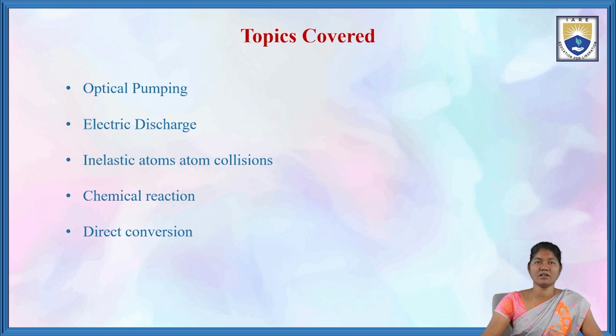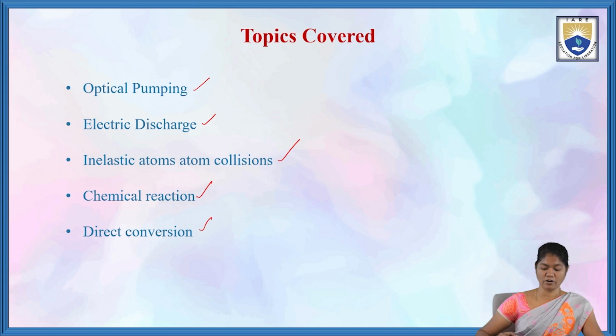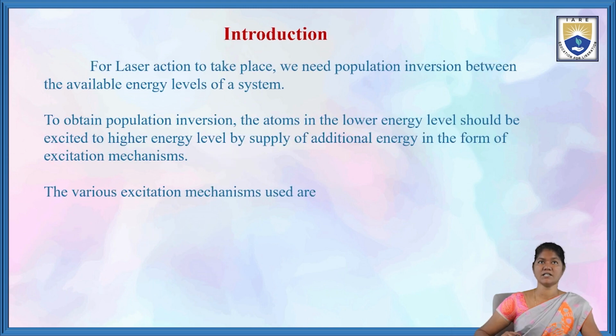To make this condition, there are different techniques. Those techniques are optical pumping, electric discharge, inelastic atom collisions, chemical reaction, and direct conversion technique. These are the topics we are going to cover in this session.